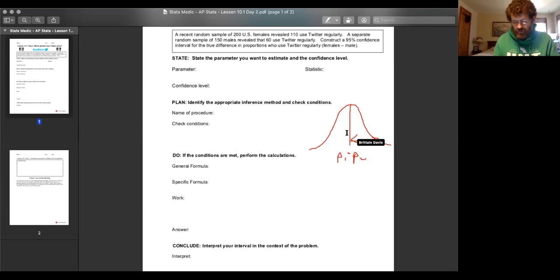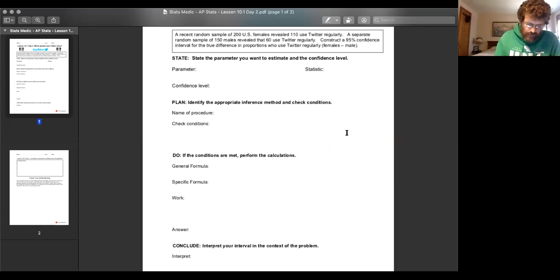Sorry, I was jumping ahead to test statistics. What we're going to be doing is figuring out the confidence interval that would exist around this value right here. So how far would we stretch for this difference?